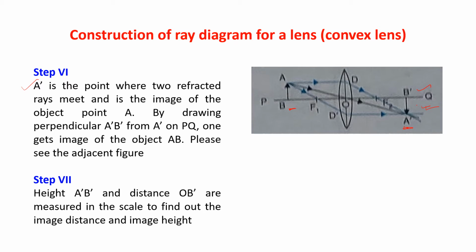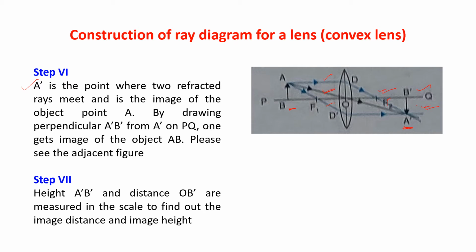Now, here I just want to tell you something. Instead of 2 rays, you can use 3 rays also. One ray we have taken is incident on the optical center and passes undeviated. The second one, the middle one, is a ray parallel to the principal axis, that is AD, which passes through the second focus F2.